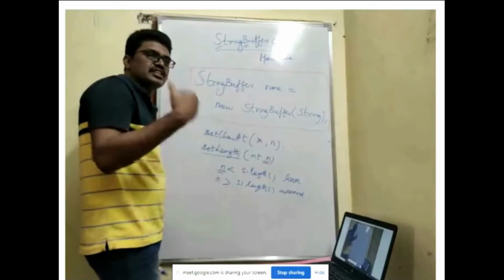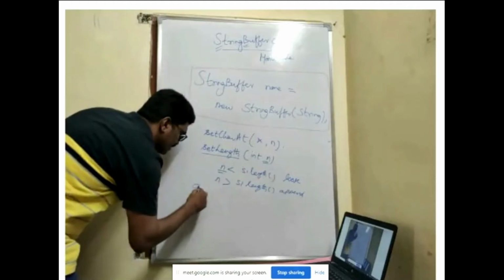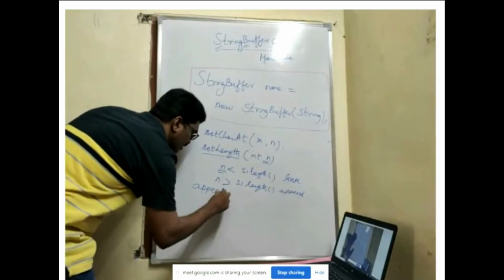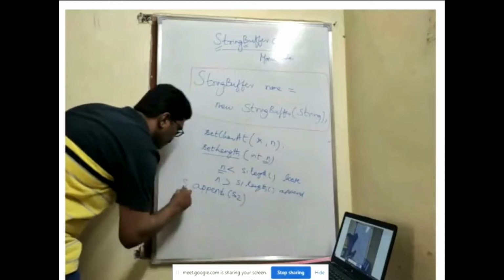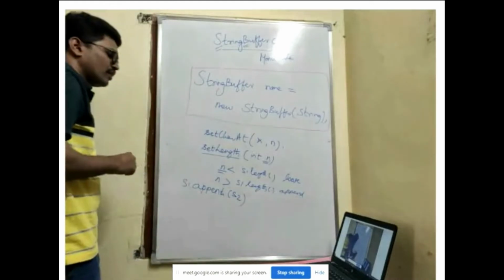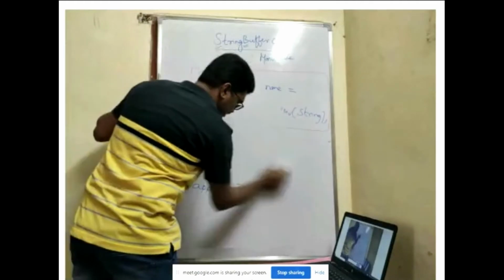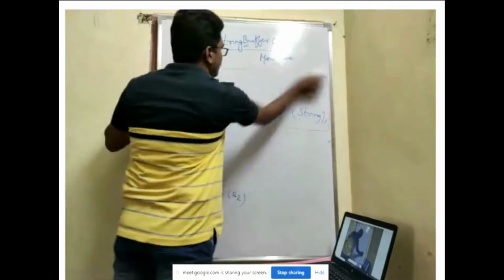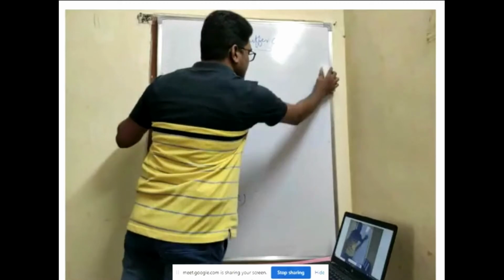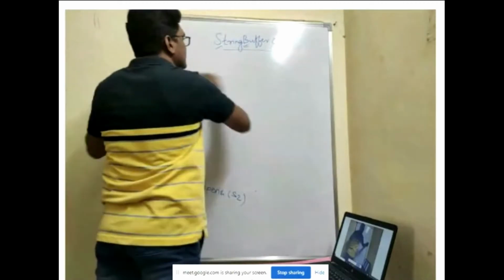For example, here you have the method append of s2. Suppose s1.append(s2): it appends string s2 at the end of s1. The same example we saw in the String class, where whatever you did was not reflected.